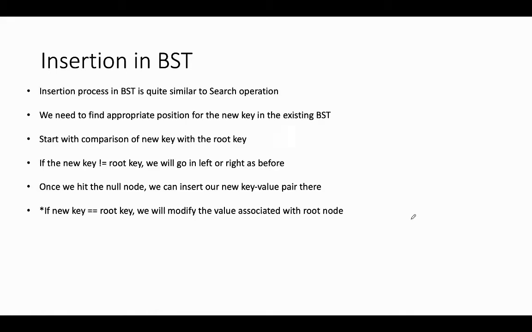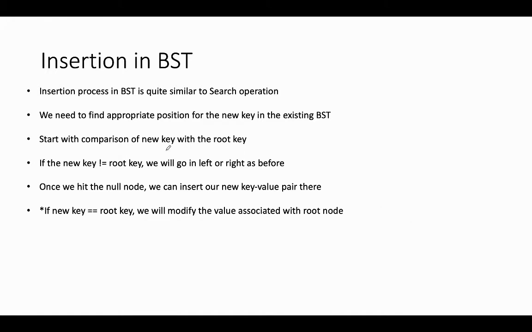Now let's look at the insertion in binary search tree. The insertion process in binary search tree is quite similar to the search operation. The only challenge is that we need to find the appropriate position at which we can insert the new key such that the BST property is maintained.